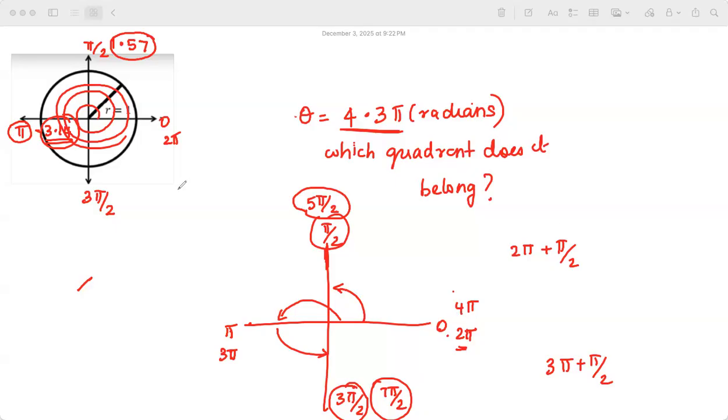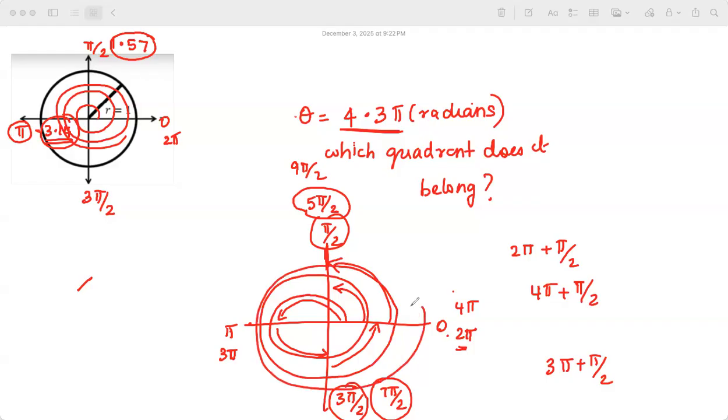Now, 4 pi gets added with another pi by 2 when I move up again. It will be 9 pi by 2. Make sense? So when you think about this, it goes on going in circles. The more circles you go, the number of pi's is going to increase.